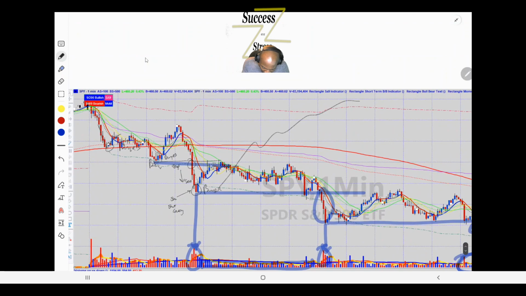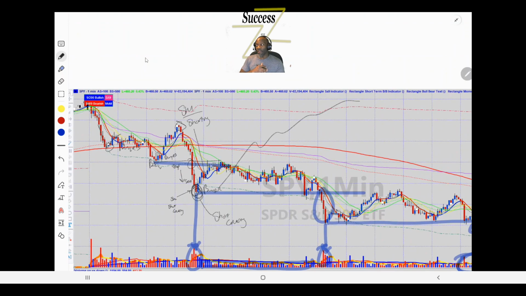What's happening is smart money is shorting. But they're not shorting down here, they're shorting here. And as the stock moves down, now in here, they're short covering. So shorting means that they borrowed the stock to sell it.